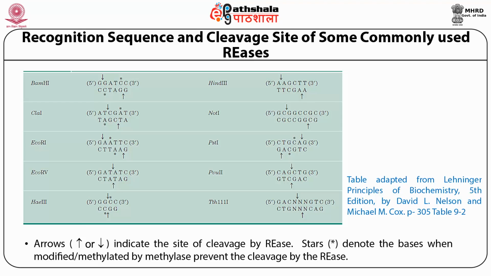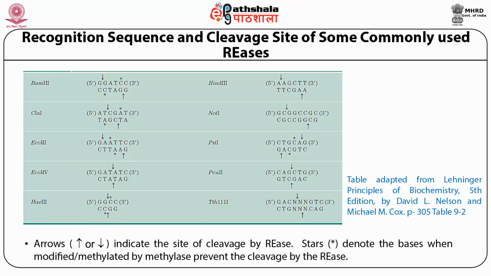This slide again gives you examples of some commonly used restriction endonucleases, their recognition sites, and information about their cleavage sites. The first example is BamHI, whose recognition sequence is GGATCC, and it cleaves within that sequence between the two terminal Gs. Similarly, the ClaI enzyme recognizes the sequence ATCGAT, and it also cleaves within the sequence.